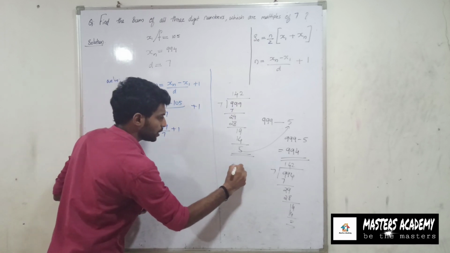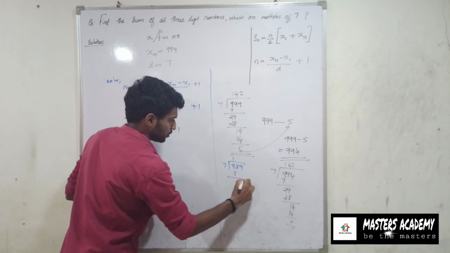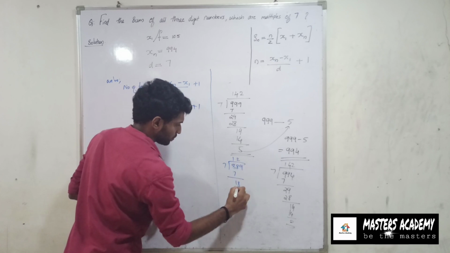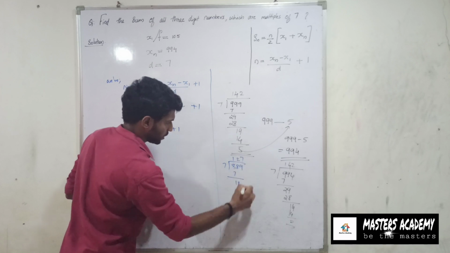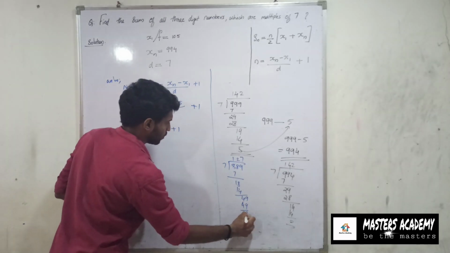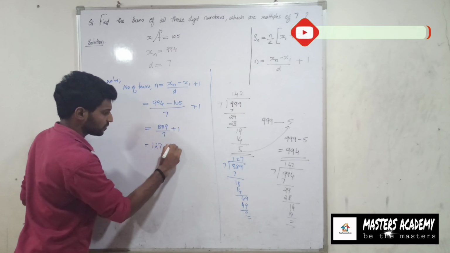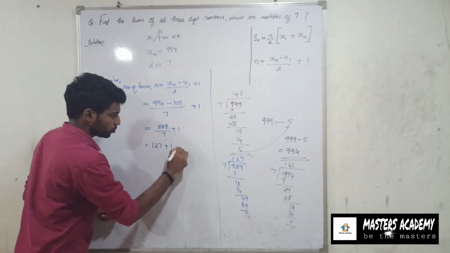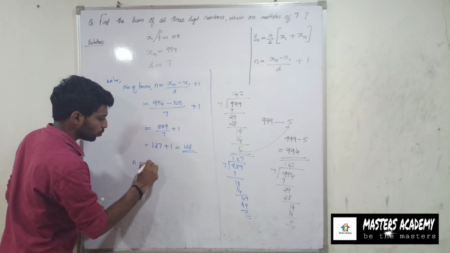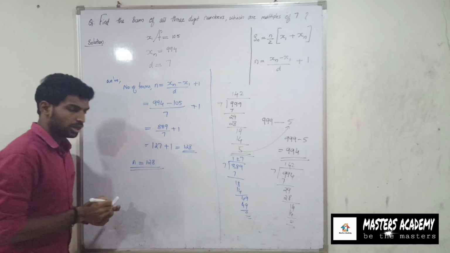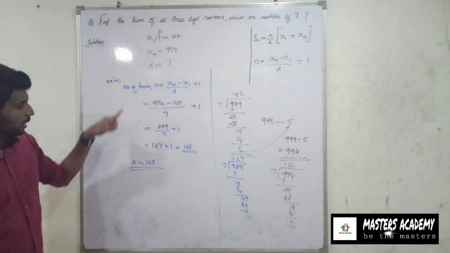If we divide 889 by 7, 18, 2 times 14, 49, 7 times. So this gives us 127 plus 1 equals 128. That is n equal to 128. Now we have x1 or f, xn, d, and n.